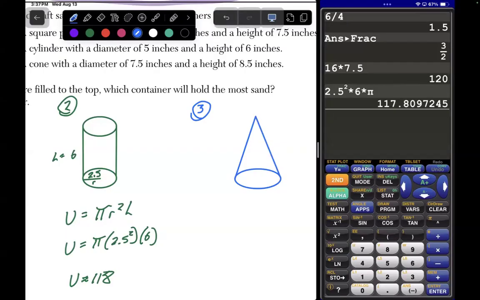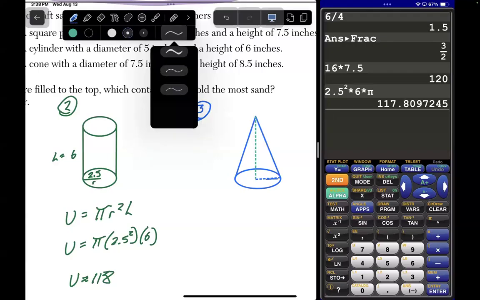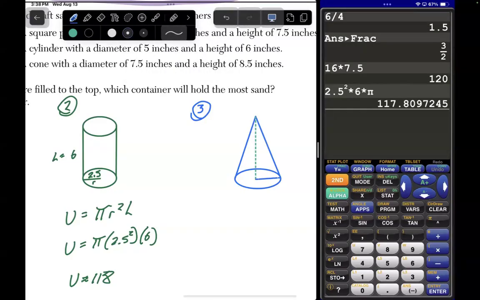So it's a cone with a height of 8.5 and a radius that is 7.5 divided by 2.